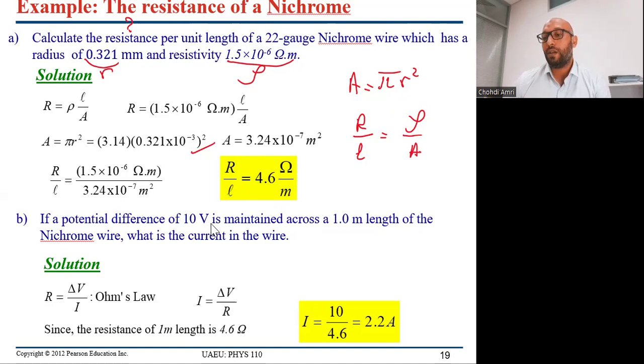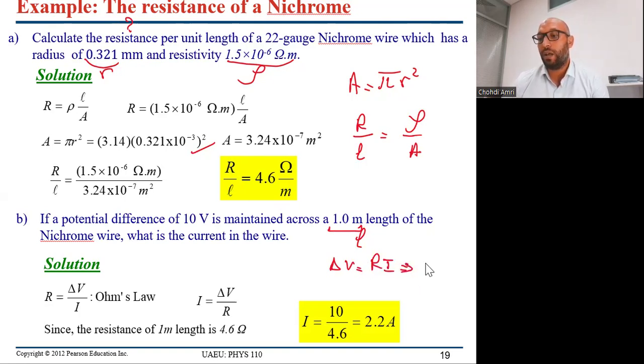If a potential difference of 10 volt is maintained across 1 meter length of nichrome wire, so L in our case is 1 meter, what is the current? As we know, delta V equals R i, that means Ohm's law.